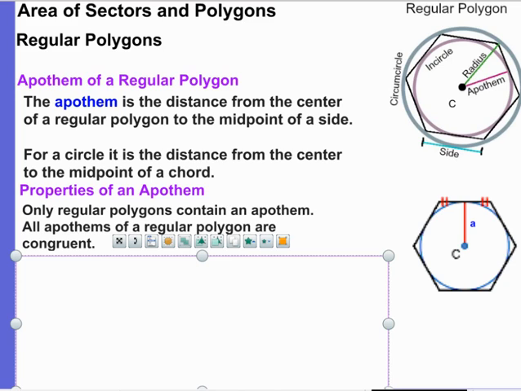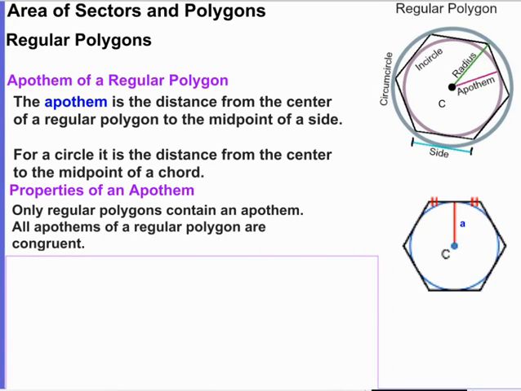Okay, so if I were to draw another apothem, let's see. Let's draw another one. So we're going to start from the center. And there you have it. It's just a radius.